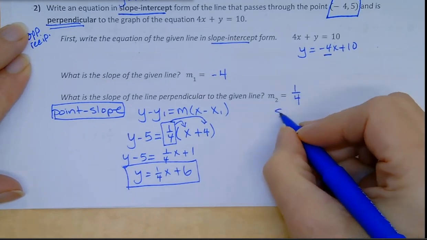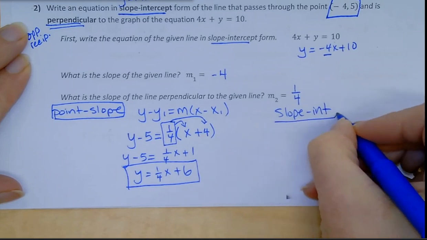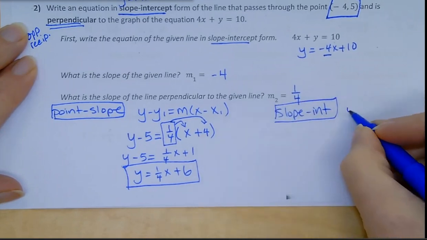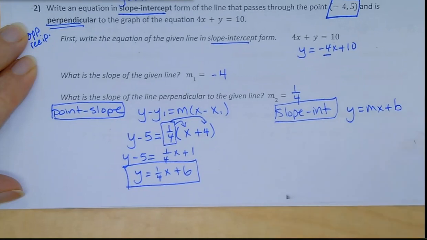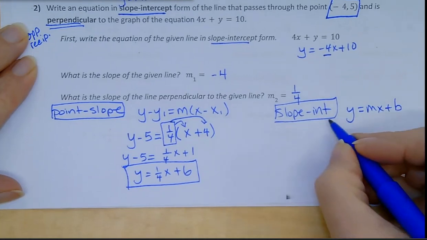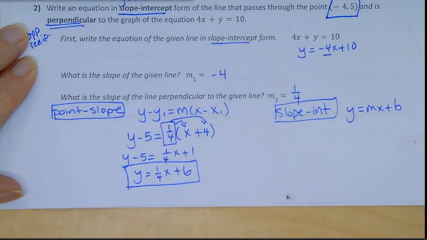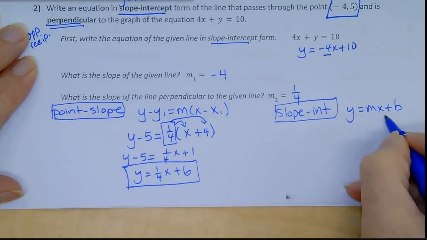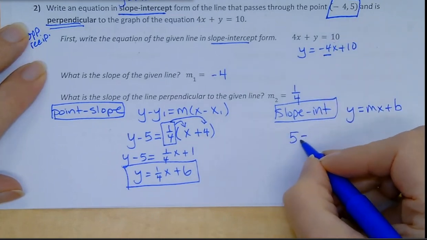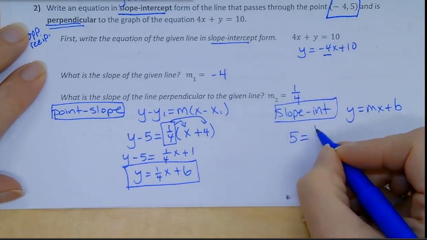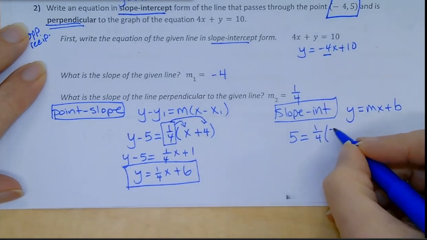If I use the slope-intercept form, it's going to be using y equals mx plus b. I already have my y and my m and my x. I just need to find that b value. So if I do this method, I'm going to come back up to my point, and my y is 5. The slope I need is 1/4, so 1/4 times x. Up here, my x is -4.